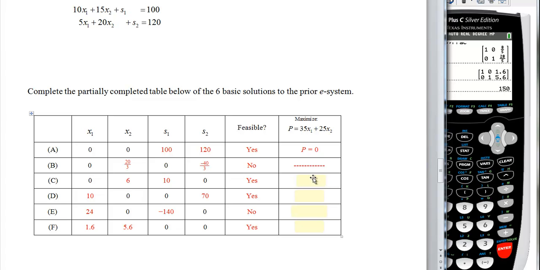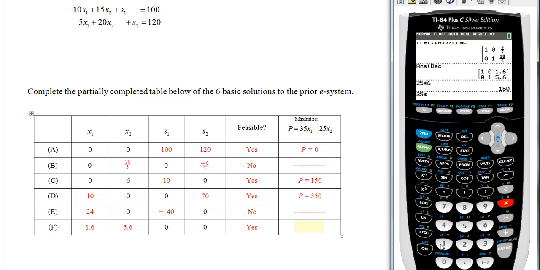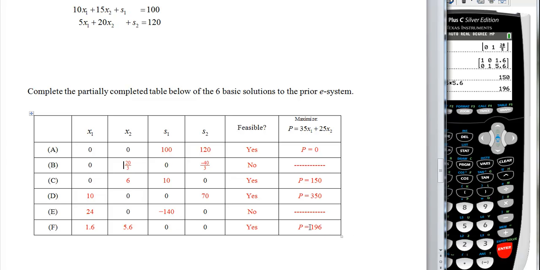Okay, that should be 150. 10, and that'd be 350. I've got to put 1.6, so 35 times 1.6 plus 25 times 5.6, 196. So my maximum value is 350, and it occurs at the corner 10, 0.